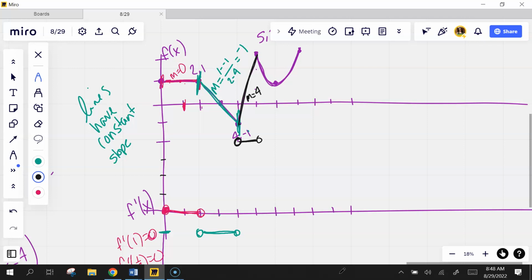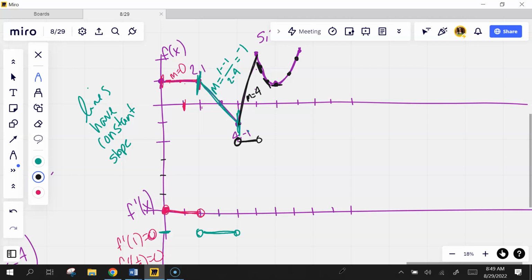Let's think about these tan lines for just a second. Let me pick a couple points on here. Tell me what's going on with the slopes. From here to here, it is, okay, so left side we know is negative. We agree?